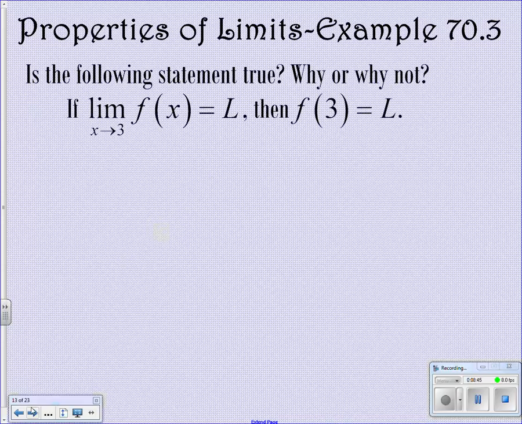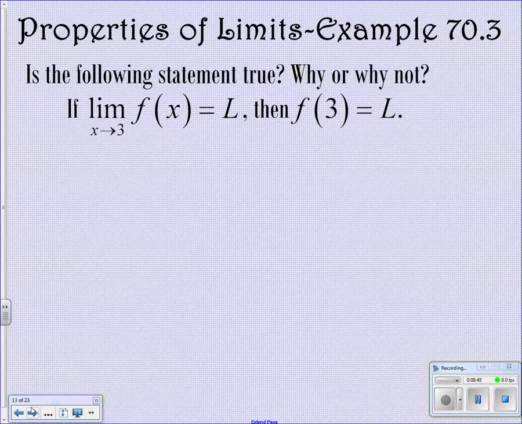Okay, looking at the next one. Is the following statement true? Why or why not? If the limit as x approaches 3 of f of x equals L, then f of 3 also equals L. Well, this is very similar to the last one. It's false. No, it is not. Just because the limit exists and equals a specific value does not mean that the function at that 3 actually equals any value at all.